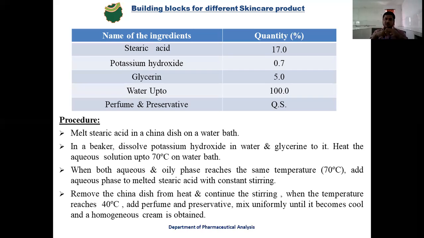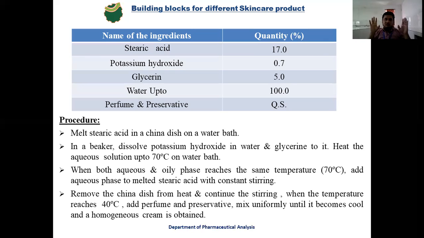Once they react properly, a soft soap is formed. That soft soap will act as an emulsifying agent, so that the mixing and the formation of the cream will get stable. Okay, so I think it's clear.